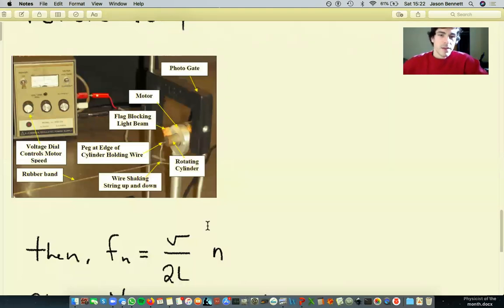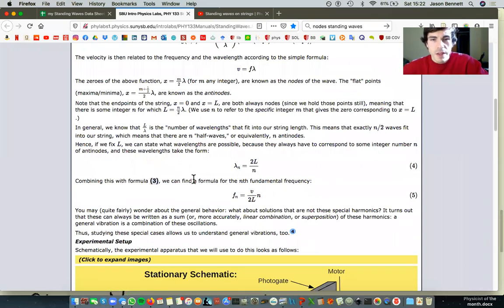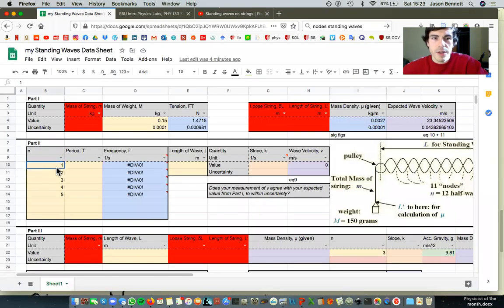And then going back to our intro, now that we have the frequency, we have some different data points. I didn't actually go into lab yet, so all these are division by 0. I just wrote a bunch of formulas. Say I can see 1 node, 2 node, 3 node, all the way up to 5.